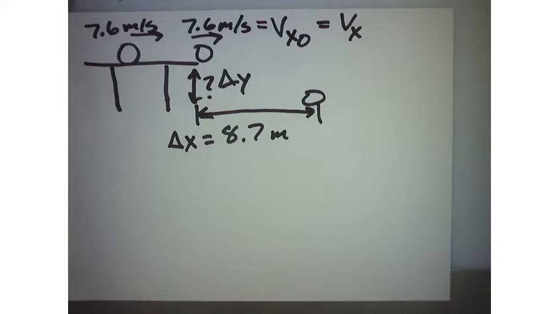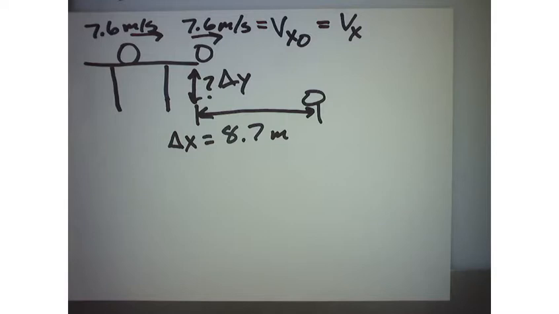Well, let's start with delta y. What kind of equation would I need for delta y to solve that? Before we find the equation, is there any other information that I know about this problem that I haven't listed yet? Is there any information, any velocity, position, anything like that that I need to know?